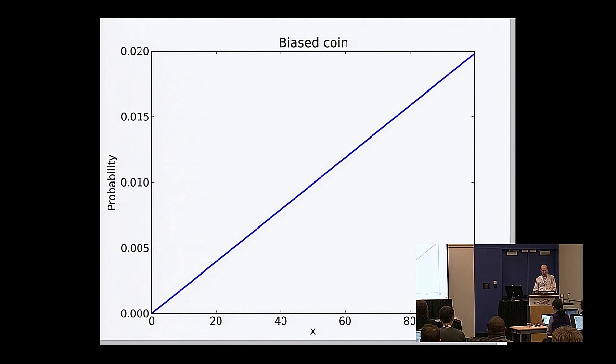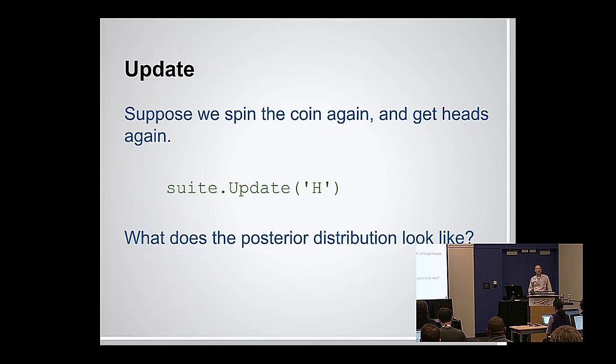And now the question I want you to think about is, what if we spin it again and we get heads again? Obviously, you can run your code. Again, if you just put it into a loop or do 2 consecutive updates, either one is fine. You'll see what the posterior looks like, but also think about it. So one update got me from a constant to a linear function. I'm going to multiply by p again. What's the posterior going to look like?